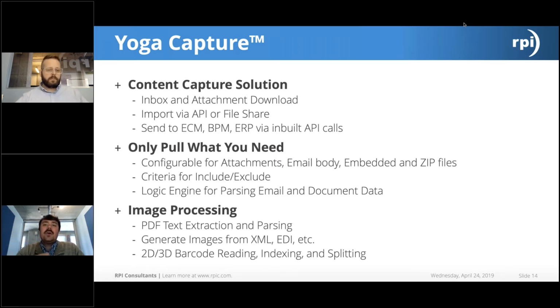And I can configure Yoga Capture, when it's pulling those emails in, to read that text and capture the actual invoice number from the subject line to read it in automatically with the document.